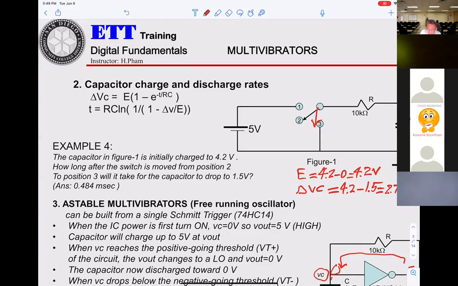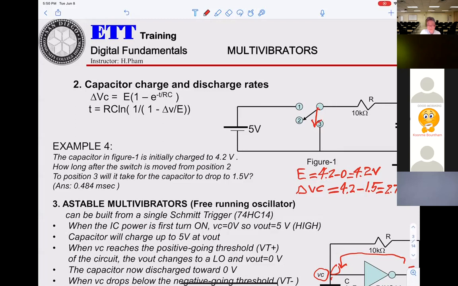And E means the difference between the initial voltage and the voltage it's trying to reach. You understand, when you connect the switch to the ground for a long time, the voltage on the capacitor will be zero.